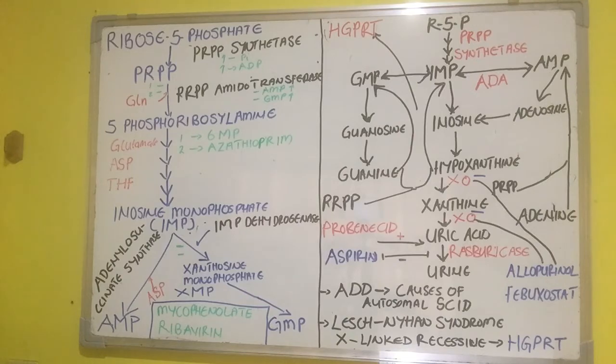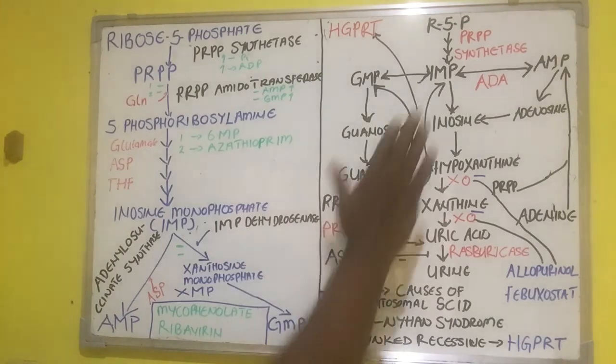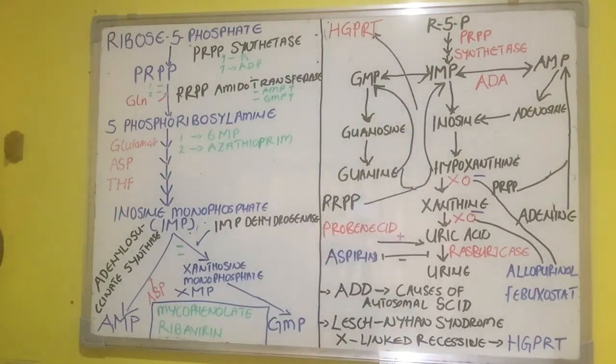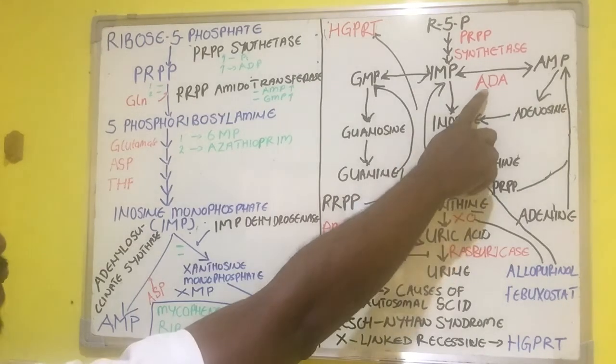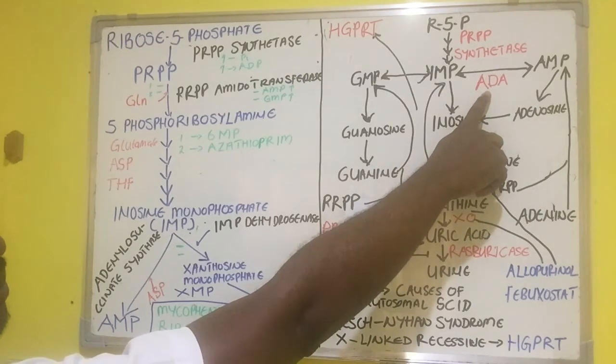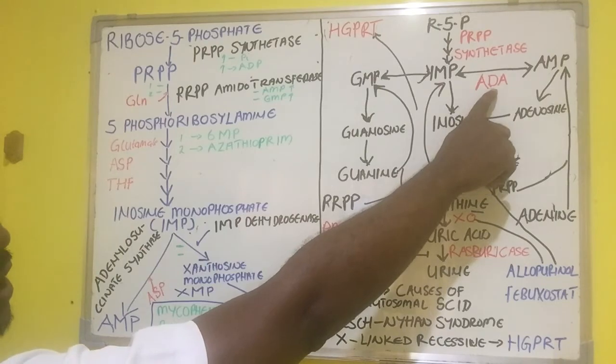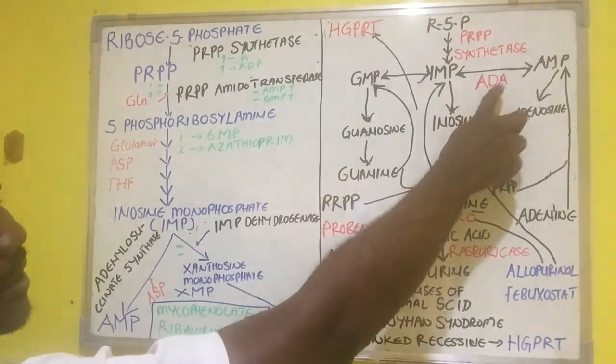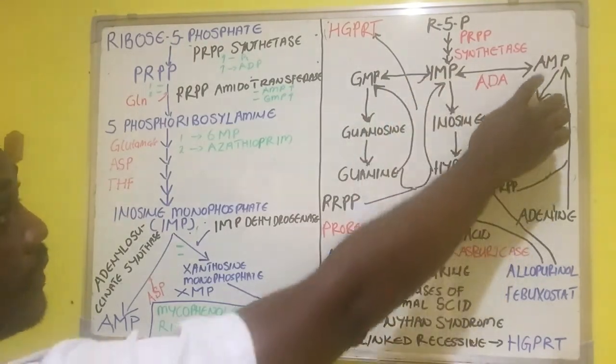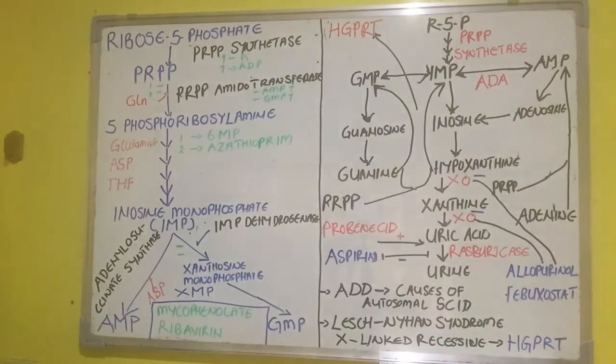Now, for this salvage pathway, there are two major diseases we shouldn't forget. Before I come to them, I will talk about adenosine deaminase. Adenosine deaminase is the enzyme that converts AMP to IMP.